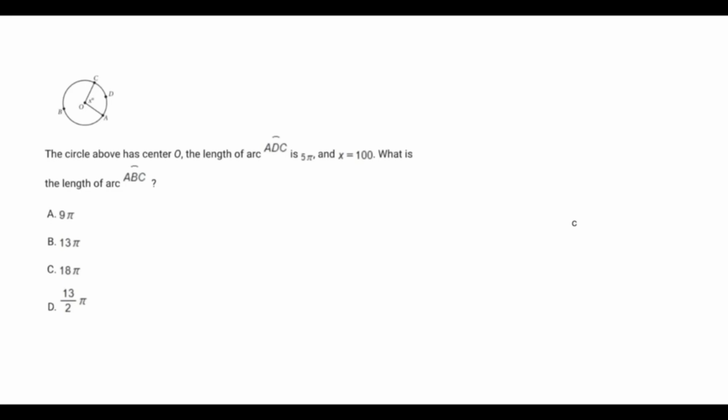So our angle x, we can just write this on top, would be 100, right? And so it's corresponding to arc ADC, which has a length of 5 pi. And so now they want us to determine what is the length of arc ABC, right? This side right here.